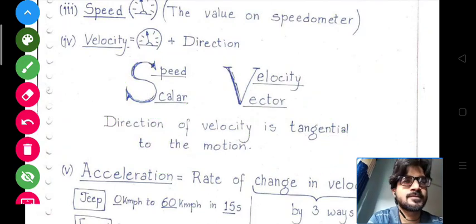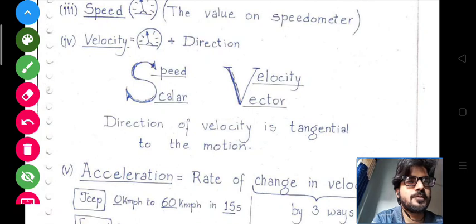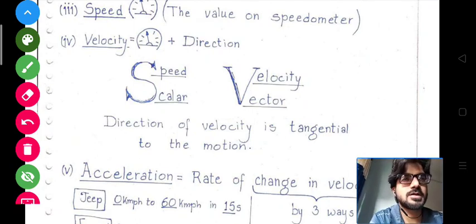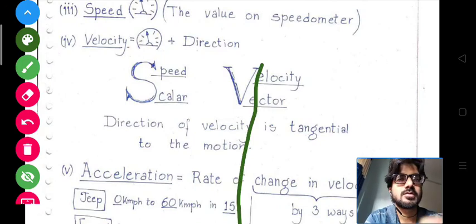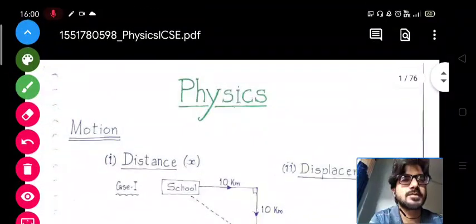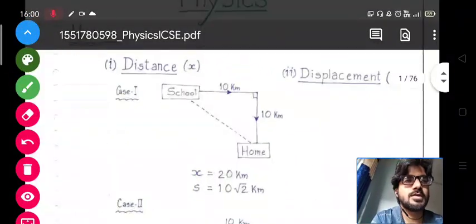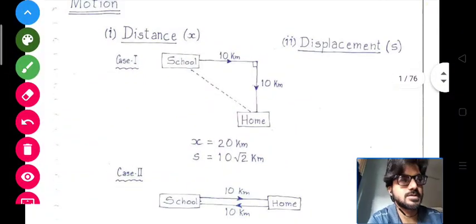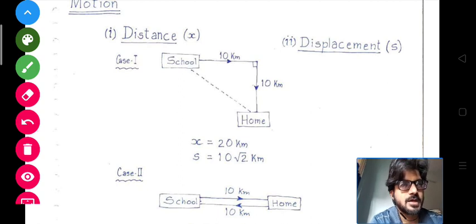Before we get into the scalar and vector part, first understand the displacement and distance part. For the physical quantity of distance, suppose you are going from school to home.